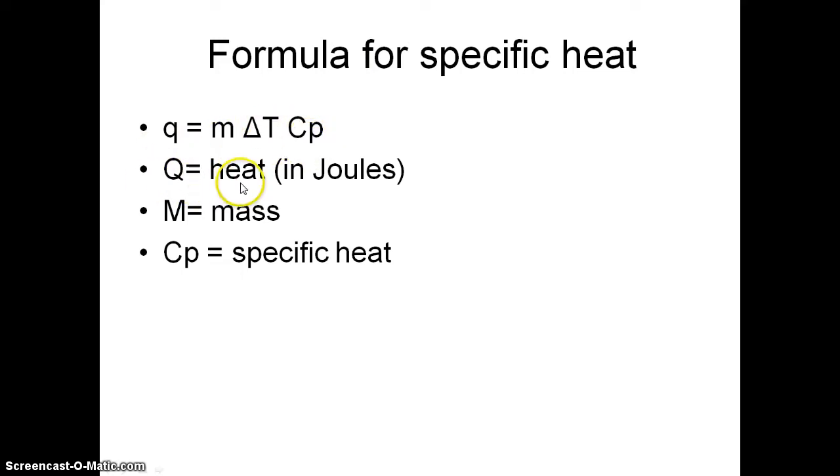Q represents the heat required, or the heat lost, in this case required, in joules. M is the mass. So the bigger the mass, obviously, the more heat that's going to be required. Delta T is the change in temperature, and that's the final temperature minus the initial temperature. And you would multiply those two things together times the specific heat of the given substance.